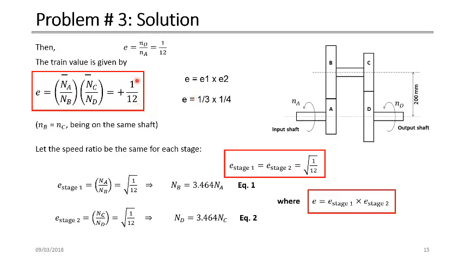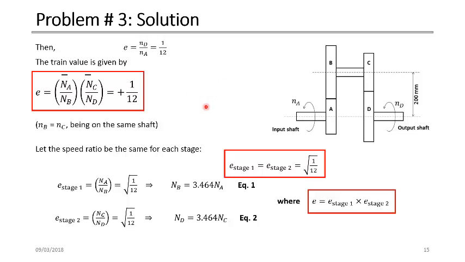So we need to factor this number. We can factor it, for example, into 1 divided by 3 multiplied by 1 divided by 4. This means that the E for the first stage is 1 divided by 3, and the E for the second stage is 1 divided by 4. In this case, in the end, we'll get the exact gear ratio, which is 12.